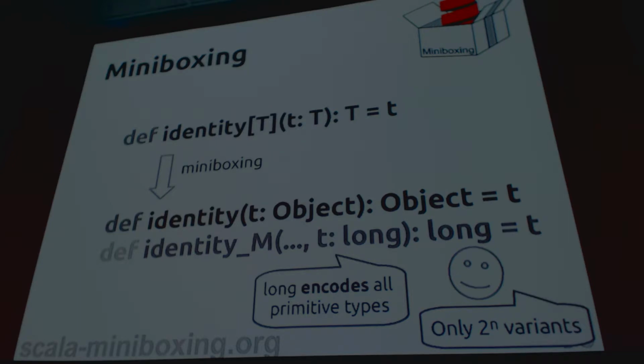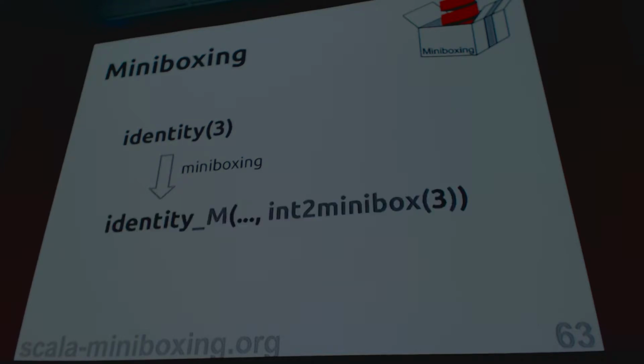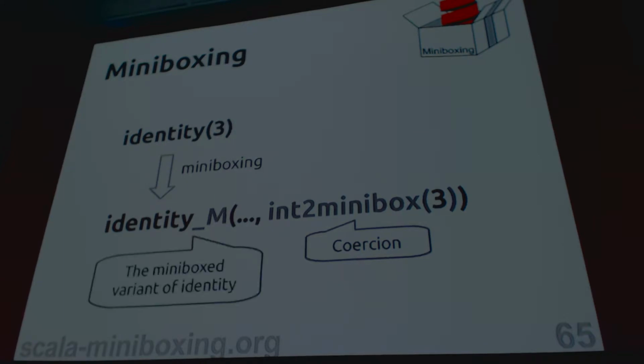Well, in the current version it's 3 to the power of n, but let's stick to 2 to the power of n because it sounds better. Okay, so identity of 3 with Miniboxing. No surprise here, it gets redirected to the version that is miniboxed, and you have a coercion in there, int to minibox.